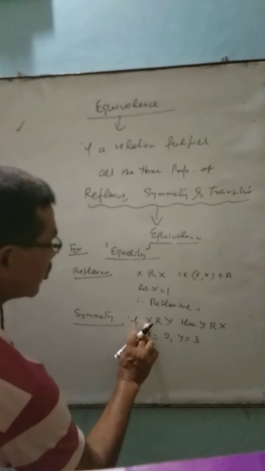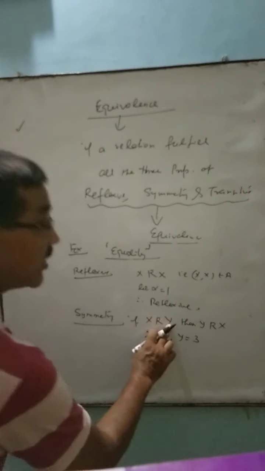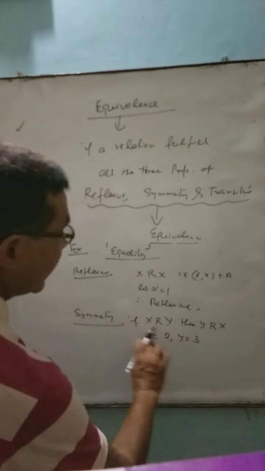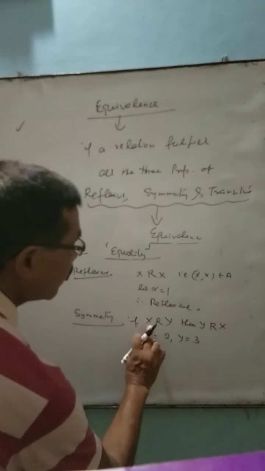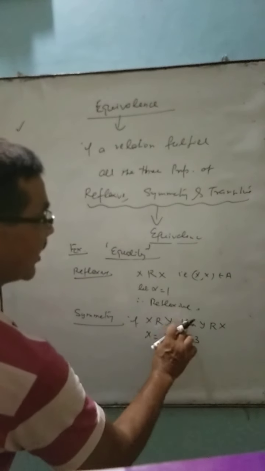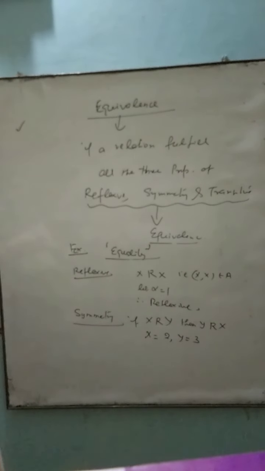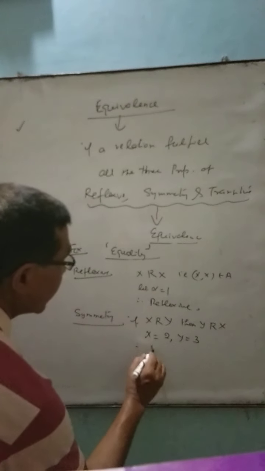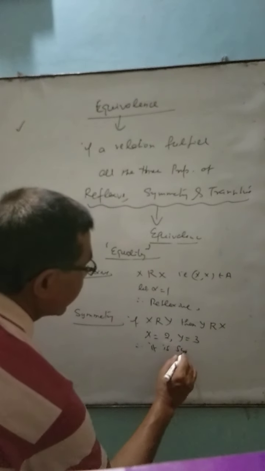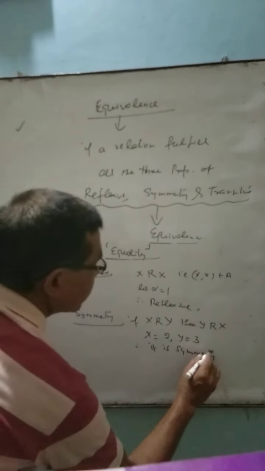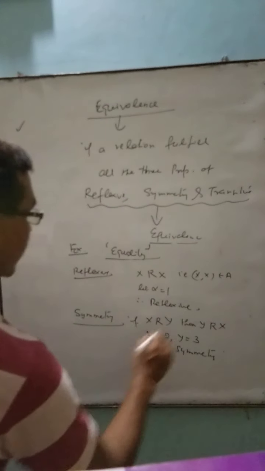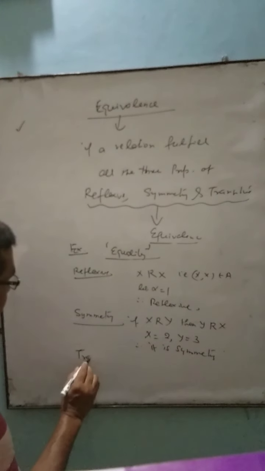Here you can put 2 is equal to 3. This you have assumed. This R is equal. If 2 is equal to 3, then definitely 3 is also equal to 2. Therefore it is symmetry. Clear to everyone? Now the third property is transitive.